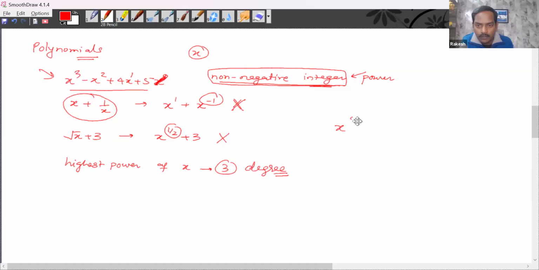Similarly, x to the power 5 plus 4x plus 7. This is also a polynomial. What is the degree? The degree is 5 because the highest power is 5. Right? So you have understood the meaning of degree also, I believe, right? So there are small definitions of many terms, and I'm just touching them so that you remember them whenever they appear, right?